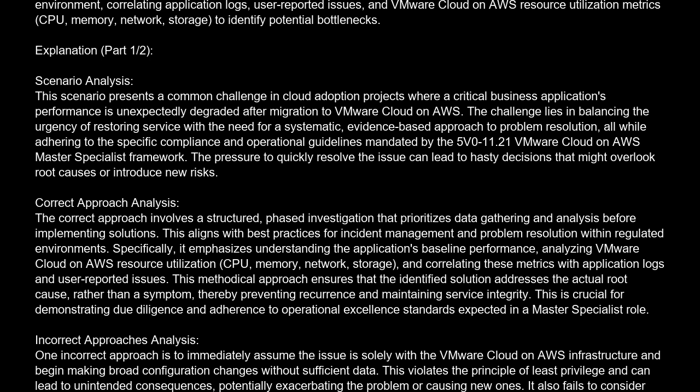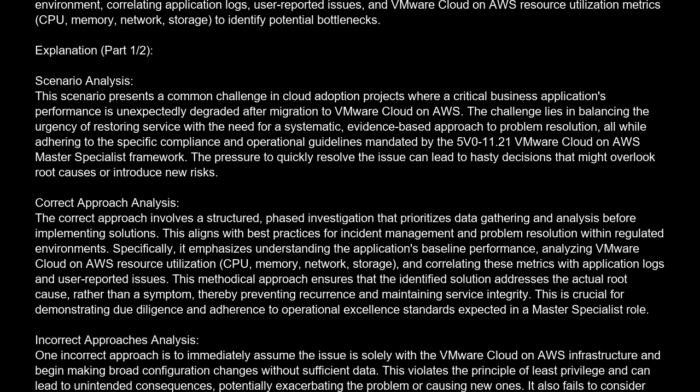Correct approach analysis. The correct approach involves a structured, phased investigation that prioritizes data gathering and analysis before implementing solutions. This aligns with best practices for incident management and problem resolution within regulated environments. Specifically, it emphasizes understanding the application's baseline performance, analyzing VMware Cloud on AWS resource utilization, CPU, memory, network, storage, and correlating these metrics with application logs and user-reported issues.